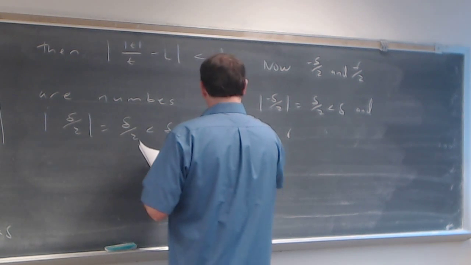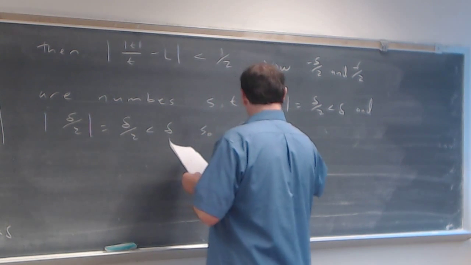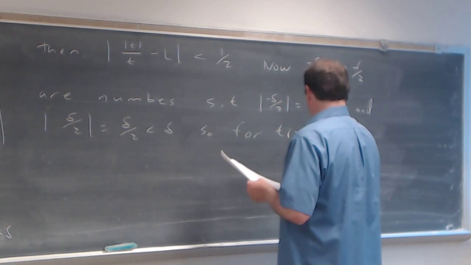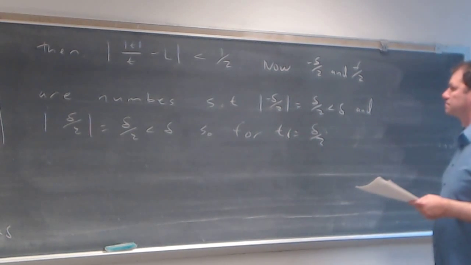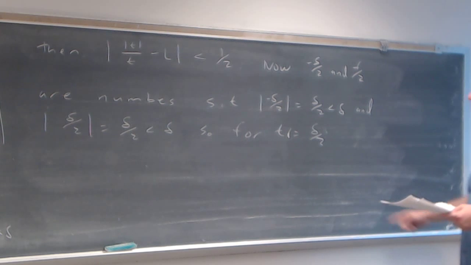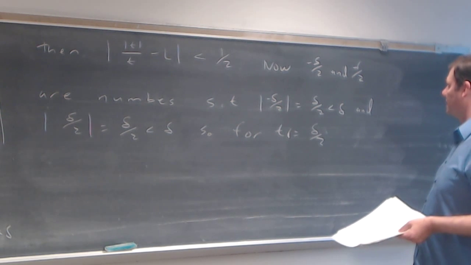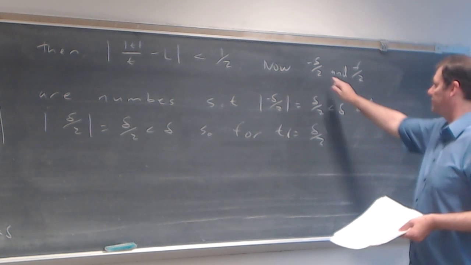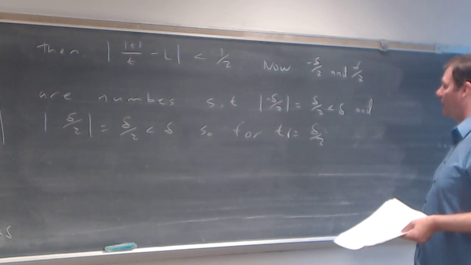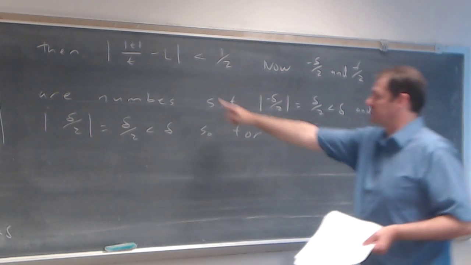So these two numbers are such that if you take the absolute value of the difference from 0 to that number, it's going to be less than delta. And so this must occur.